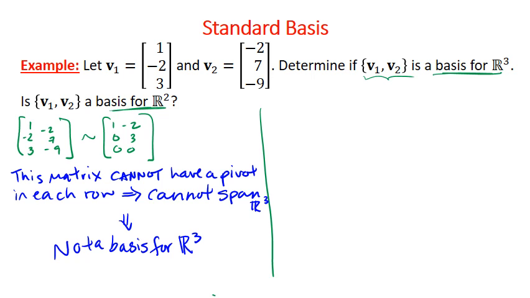Okay. Now let's talk about if this given set is a basis for R2. Now here, since V1 and V2 are not in R2, they cannot be a basis for R2.